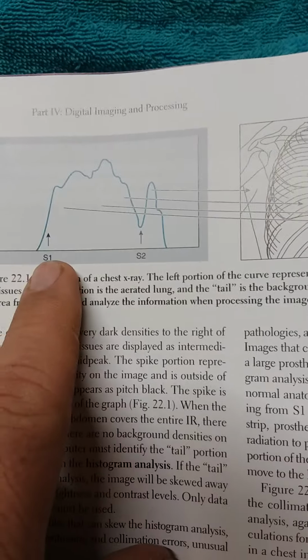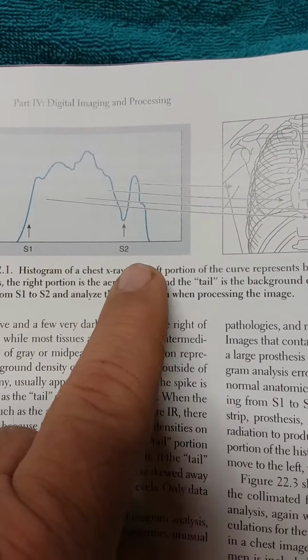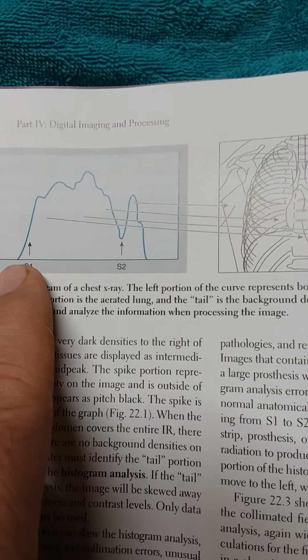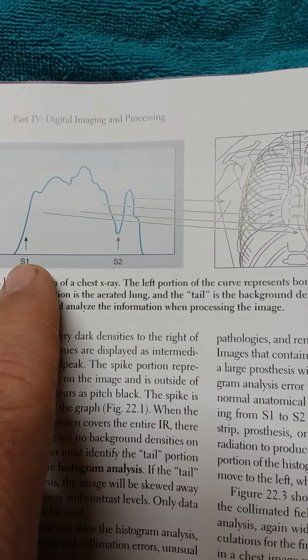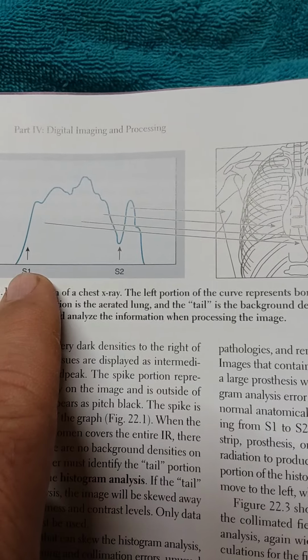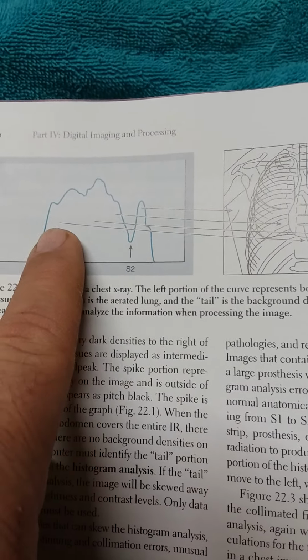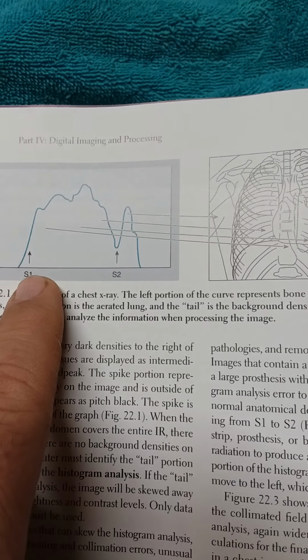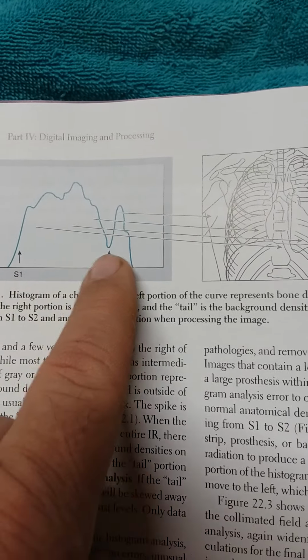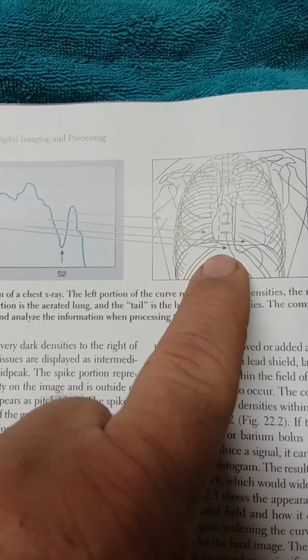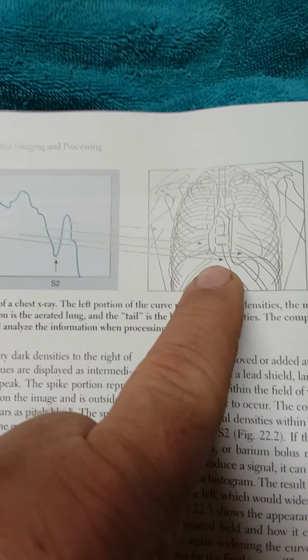And the points to the left are called S1, and the points to the right are called S2. And S1 represents points that are more white in color, have low values of density and or intensity or signal strength. And that would be like where very little x-rays actually reach the detector, which lies like over areas of bone or underneath areas of bone on the image receptor where no x-rays got through.